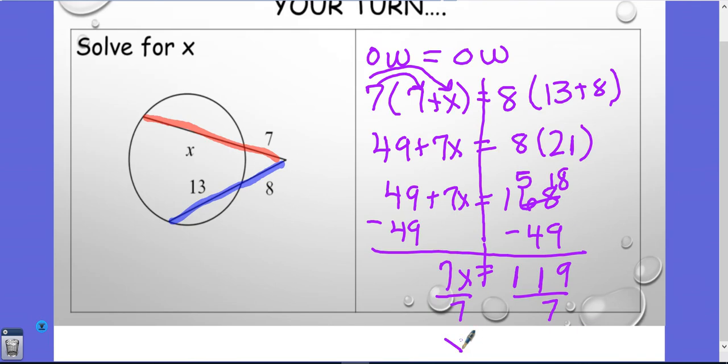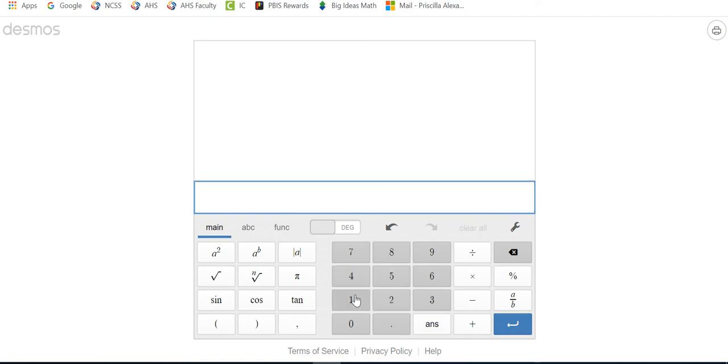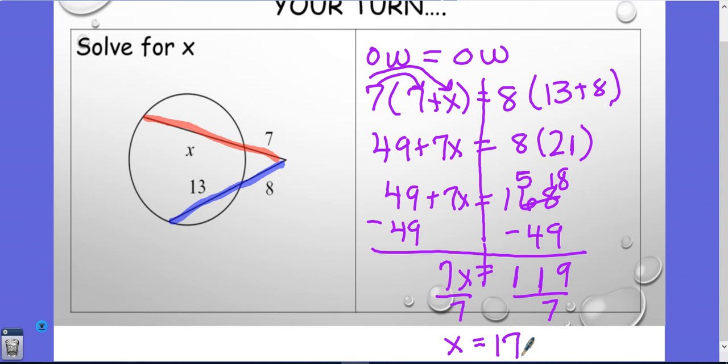And here, x equals, let me grab the calculator this time, 119 divided by 7 equals 17. So x is 17. And we are finished with that one.